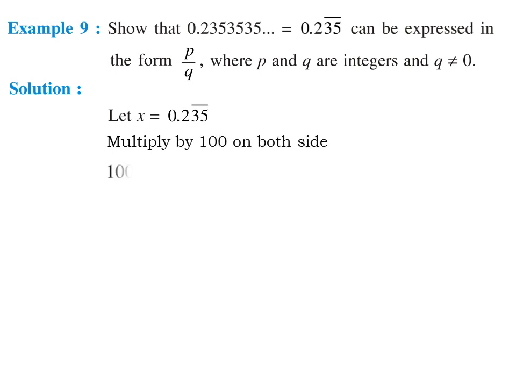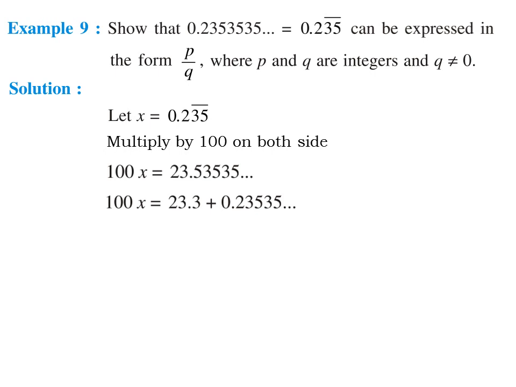So I will get 100x equals 23.5353 up to infinity. Now again, we have to separate 23.535353 in two parts, such that the resulting number is x. So I can write 100x equals 23.3 plus 0.2353535 up to infinite times.